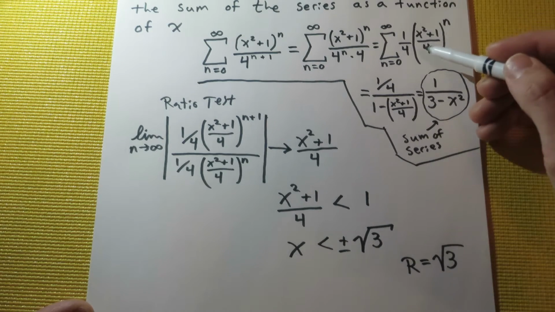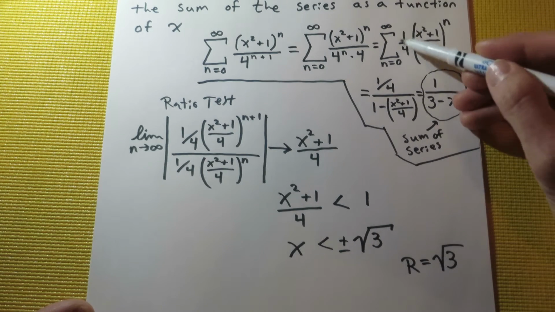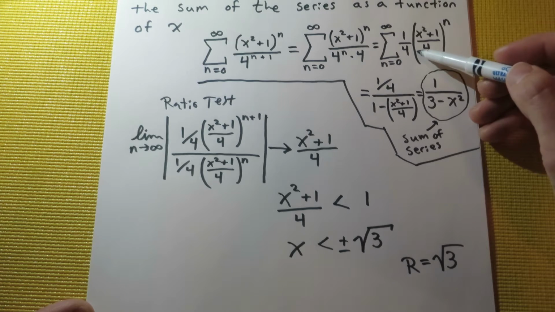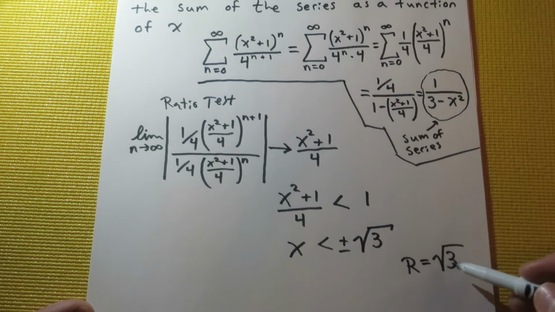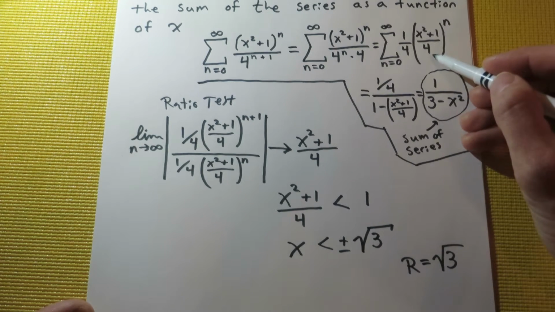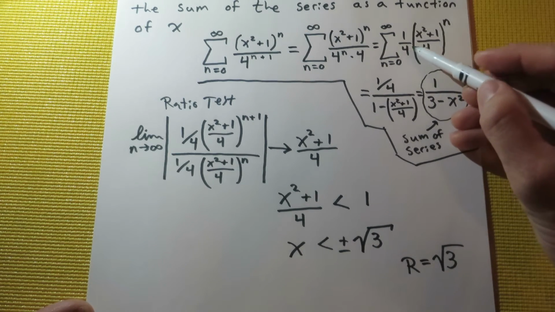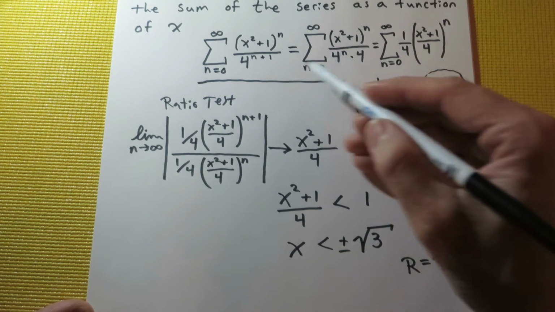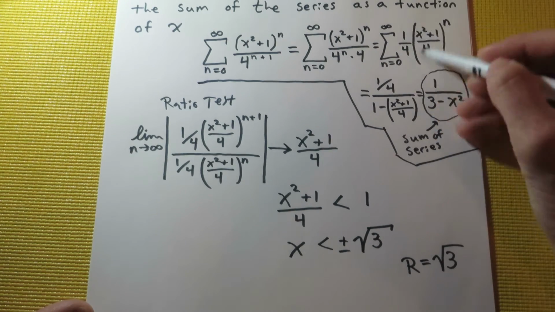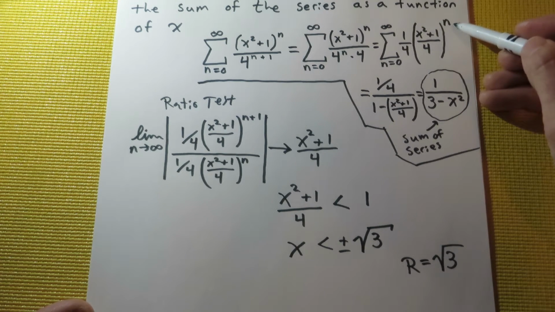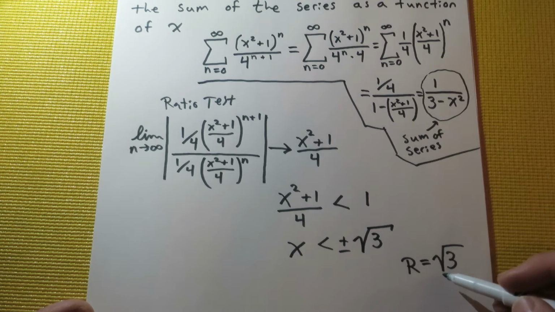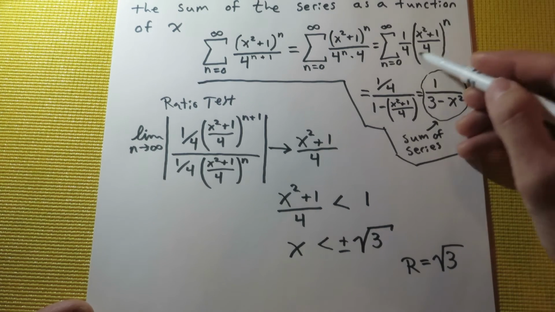If we had some other x and n terms outside of here, we might want to be more careful to evaluate our endpoints. But because this is a purely geometric series, simplified down to where we just have our a term and our common ratio to the nth power, we know that if x were to equal positive or negative root 3, the series would diverge.